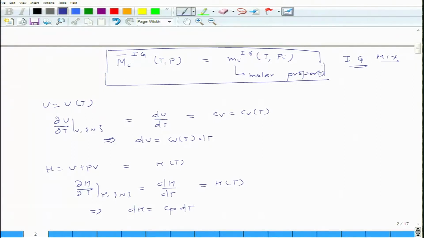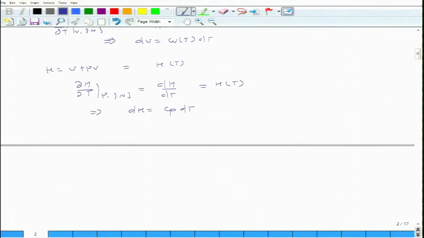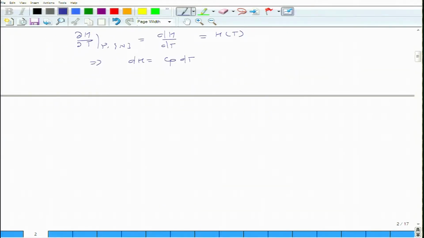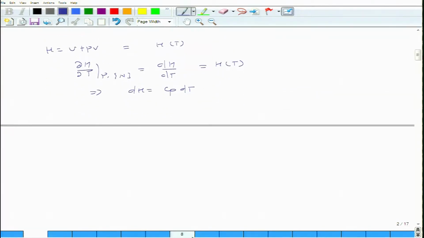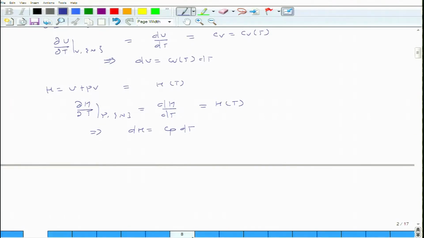So, this is something which we know, and we are going to make use of it whenever we apply the ideal gas approximation for mixtures. We can also use these approximations to get the changes in the internal energy with respect to temperature by making use of heat capacities.